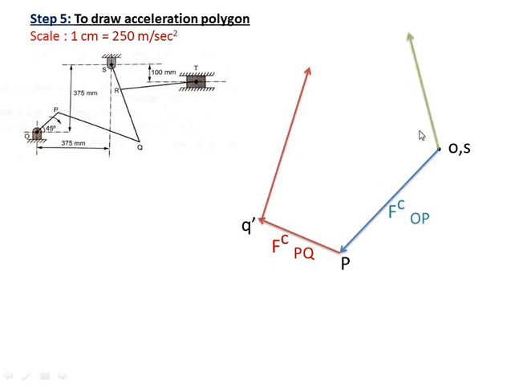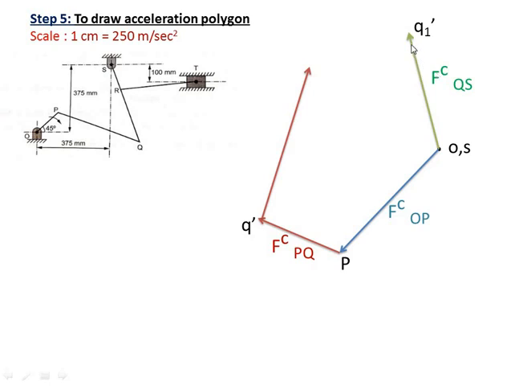Why upward? Because the centripetal acceleration of SQ will be towards S. So from O in the upward direction, parallel to SQ, is the centripetal acceleration. Take the magnitude from the table, multiply by the scale, and it will give you point Q1 dash. This is the centripetal acceleration of QS.